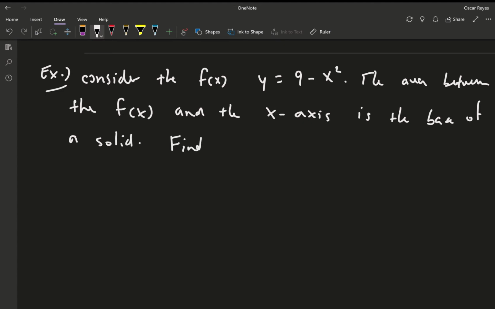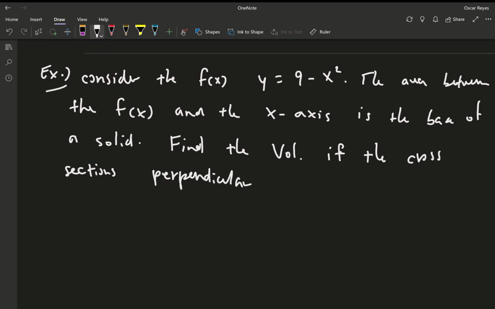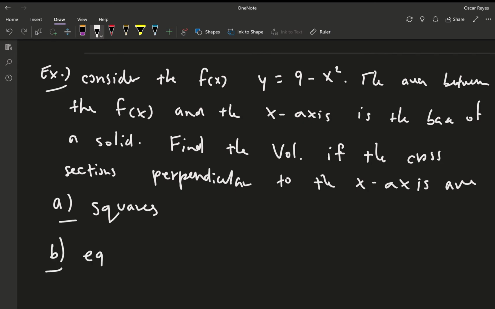Find the volume if the cross sections perpendicular to the x-axis are A, squares, and B, equilateral triangles.